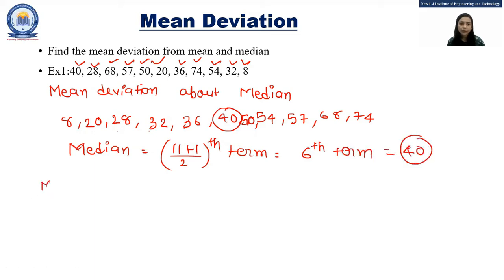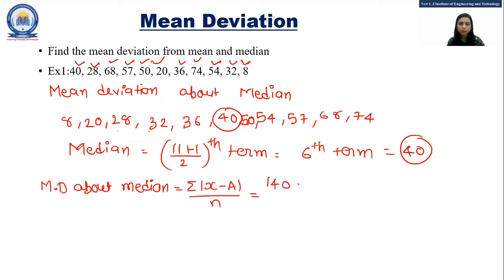Now let's find the mean deviation about median. We are going to use the same formula we discussed for the mean deviation about mean, that is sigma mod x minus a upon small n. Here the value of a is now 40, because we are finding the mean deviation about the median.